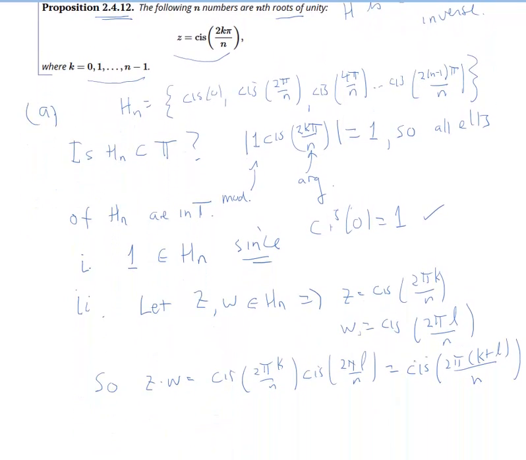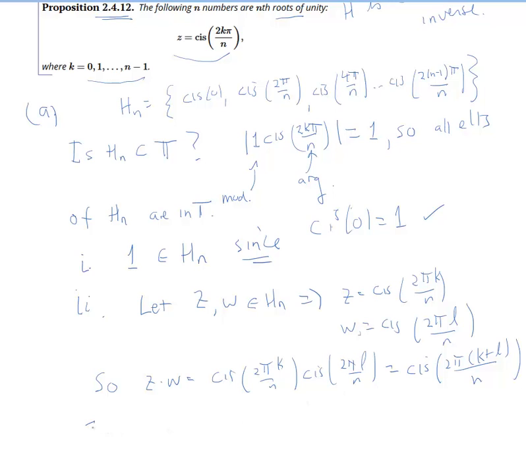But it doesn't matter, because if I take k plus L mod n, that's not going to change the result of the cis. Why? Because if I add any multiple of n to this k plus L, that gives me an n on the top that cancels the n on the bottom. That's just going to be a multiple of 2 pi, and since it's a multiple of 2 pi, that doesn't change the cis.